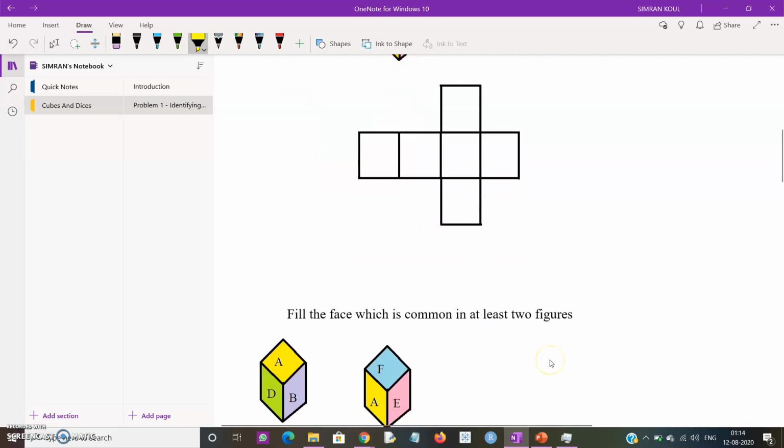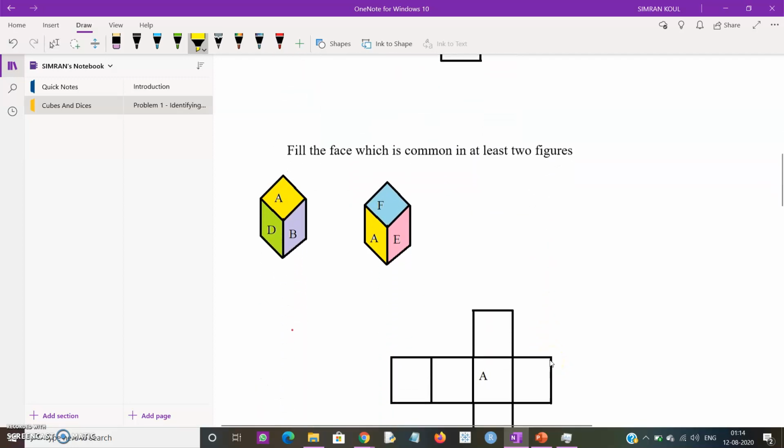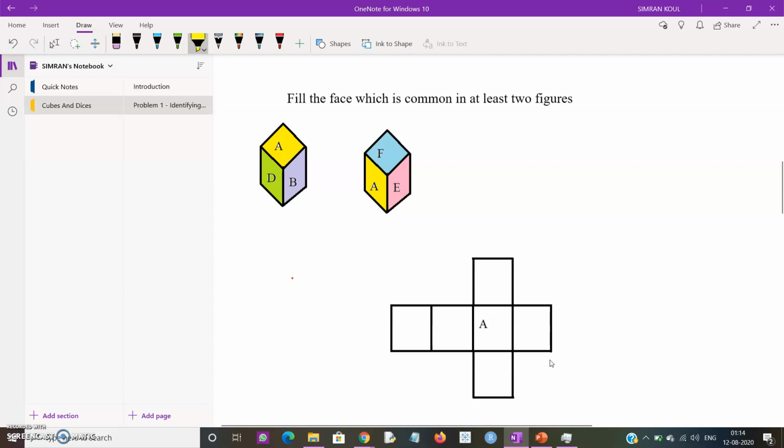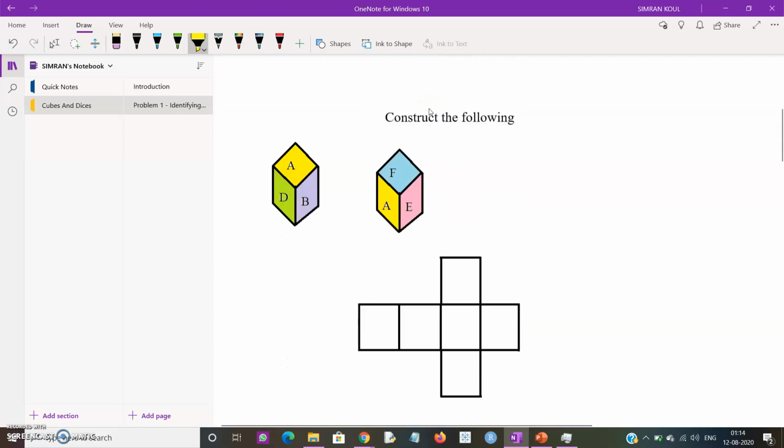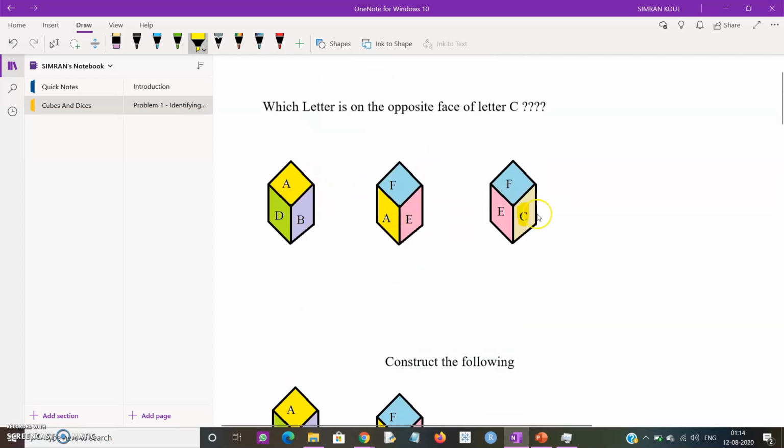Okay, so here comes our very first step after creating the figure. Find the face which is common in at least 2 figures. As you have seen, here are 3 figures, and in these figures we have A as a common face in figure 1 and figure 2. Also E as a common face in figure 2 and figure 3.